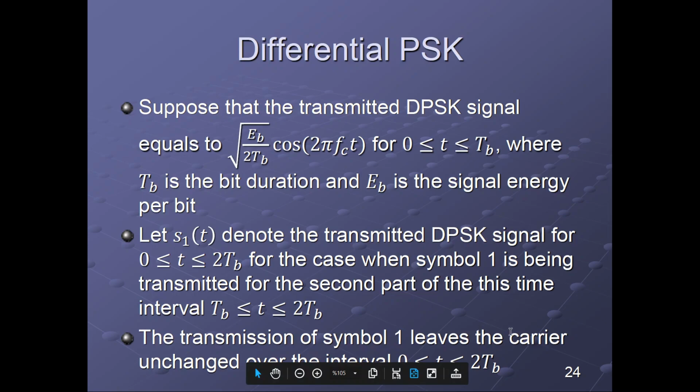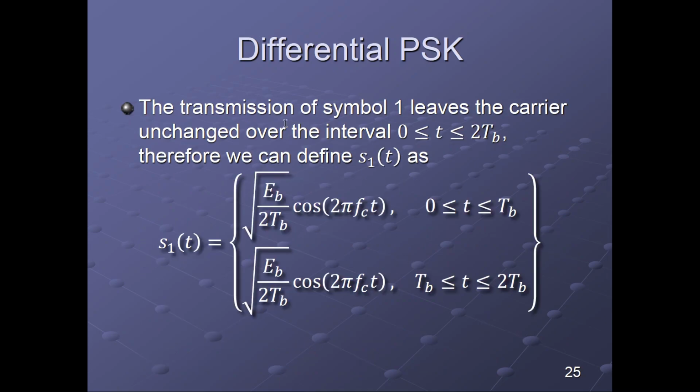What this is simply saying is that if you transmit 1, the carrier phase does not change over 2TB. If you transmit 0, it changes. So it's a certain phase in the first duration TB and changes to another phase. The transmission of symbol 1 leaves the carrier unchanged over the interval of 2TB.